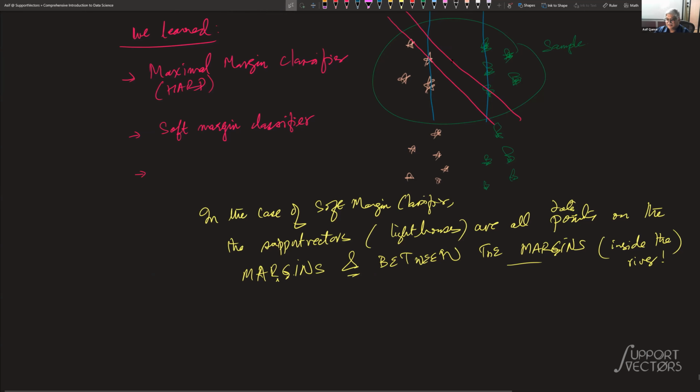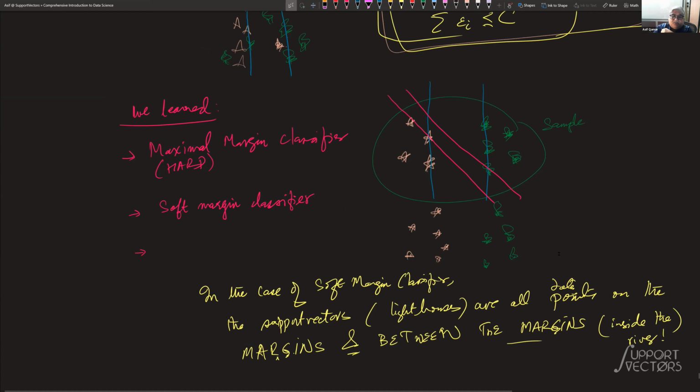One quick question, Asif, just to correlate with what we have done before. Yes. So does this two boundary, two margin kind of a model converge into a single linear boundary model in any kind of conditions? No, the decision boundary is always single. It's the median between the two margins. Okay, so you're combining. Yeah.